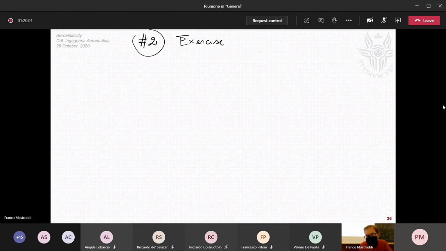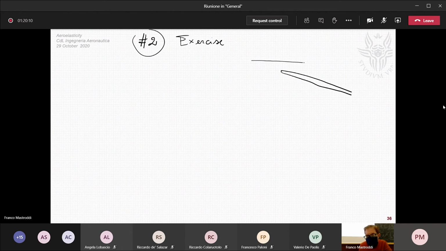You have a typical section like this, and this section is elastically connected with a point here. You have a point of this section which is elastically connected, and also elastically connected from a torsional point of view.